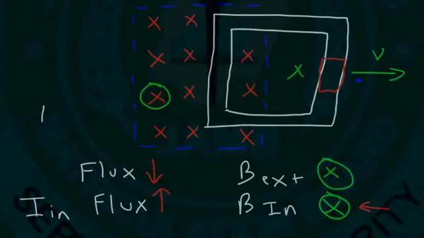Well, anytime you have a segment of wire where on the right side, the induced magnetic field is going out of the page, and on the left side, into the page, using the right-hand rule, the current is going to travel down.